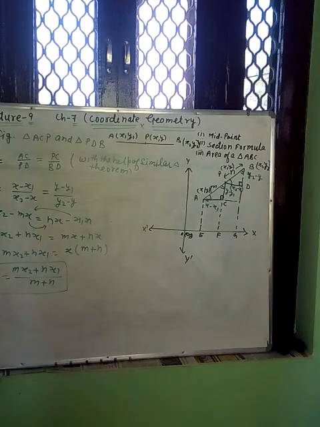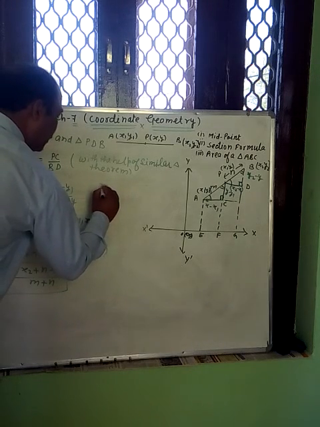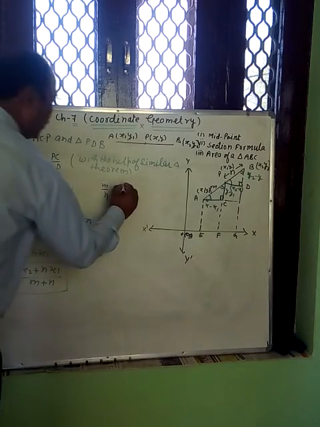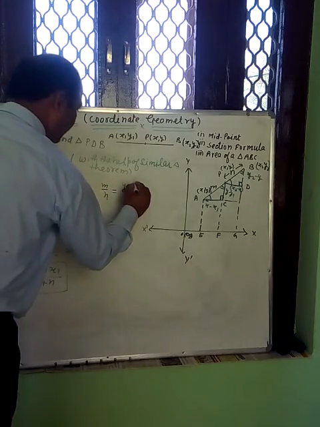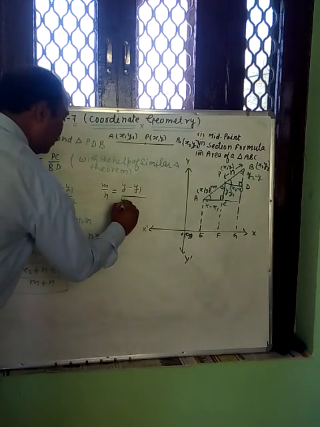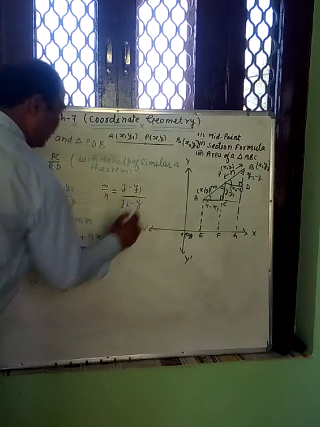Now for the first and last terms, m upon n is equal to y minus y1 upon y2 minus y.